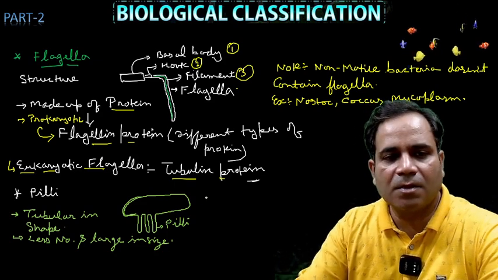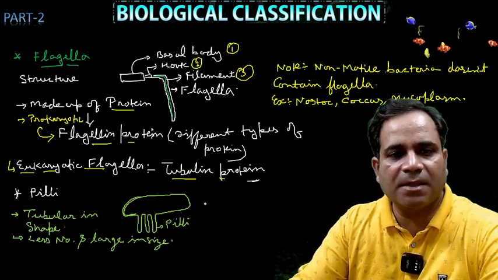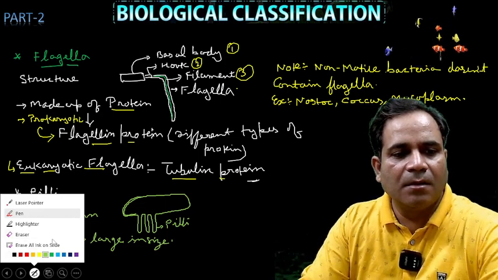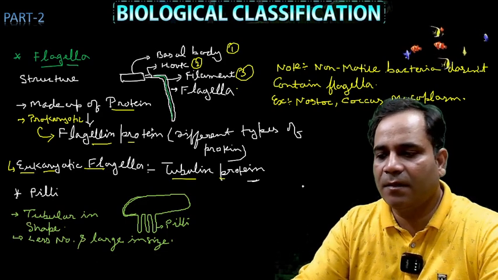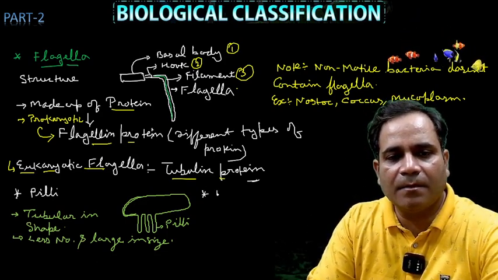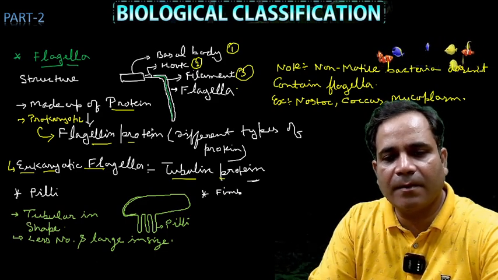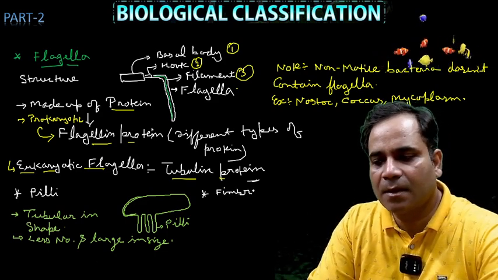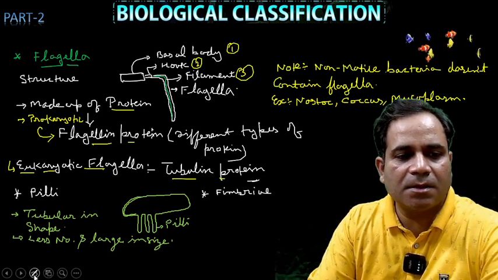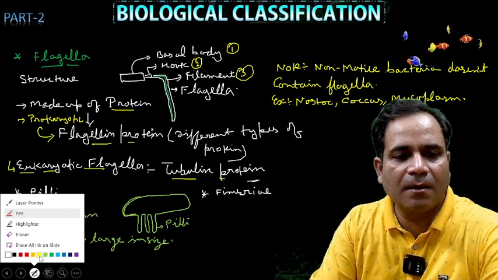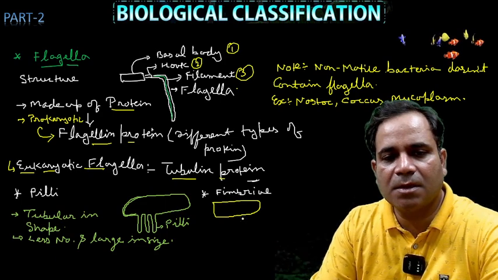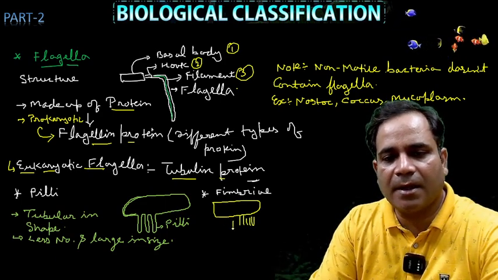So this one is the pili. Now I'm going to tell you about the fimbriae. So see the structure of fimbriae. This one, suppose a bacteria, and these are the hair-like structures.